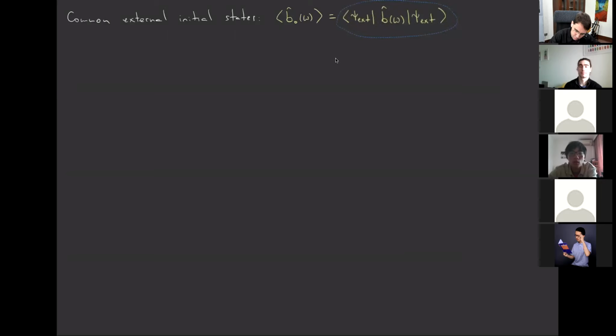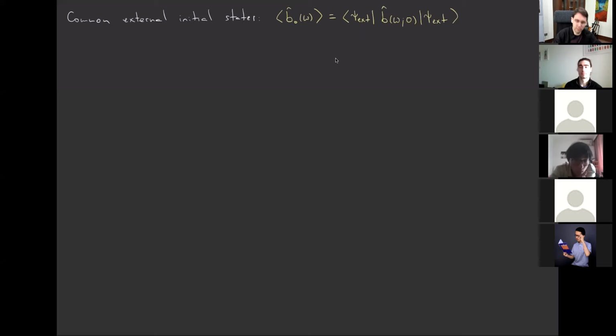So if the external state is pure, we can always write it in this way. So the external operators at time 0, just take the expectation value with it. If it is a mixed state, then we will just use the mixed state expectation value. But for now, let's focus on this.